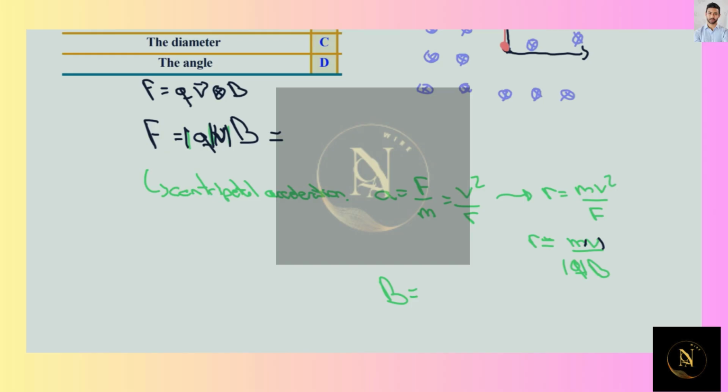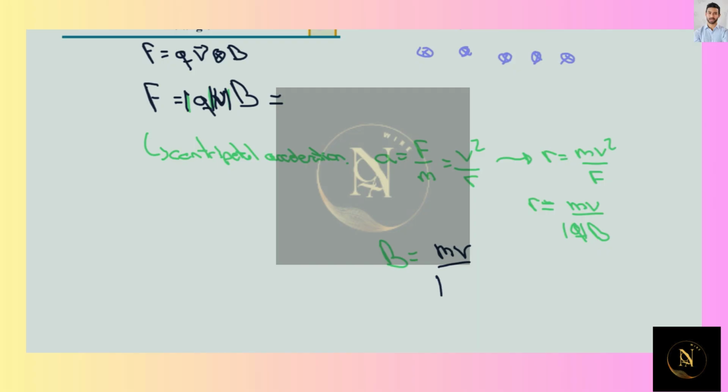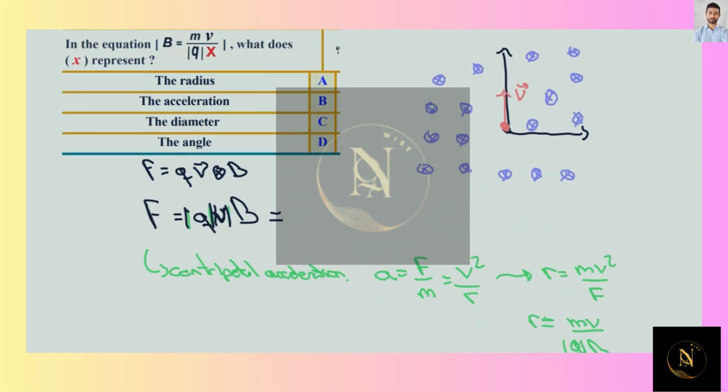But in this case, the velocity really doesn't matter for our purpose. So we're going to end up with B equal to m times velocity divided by the absolute value of q times r. So in this case, the correct answer is going to be the radius, option A.